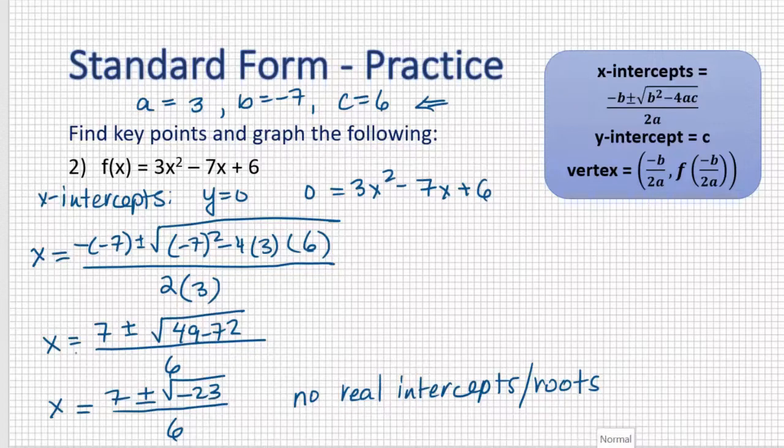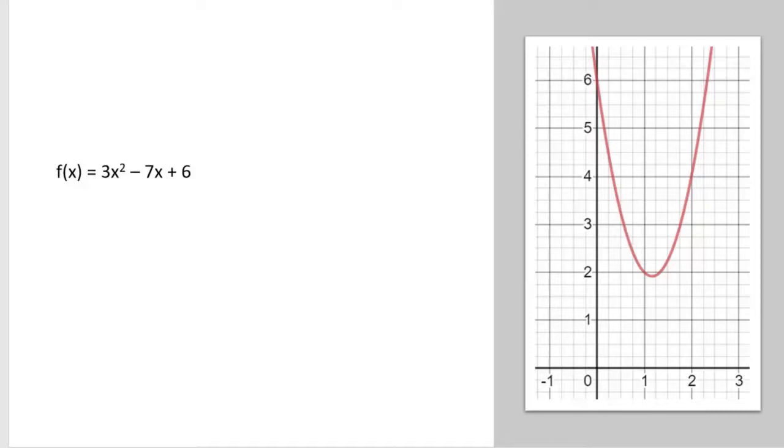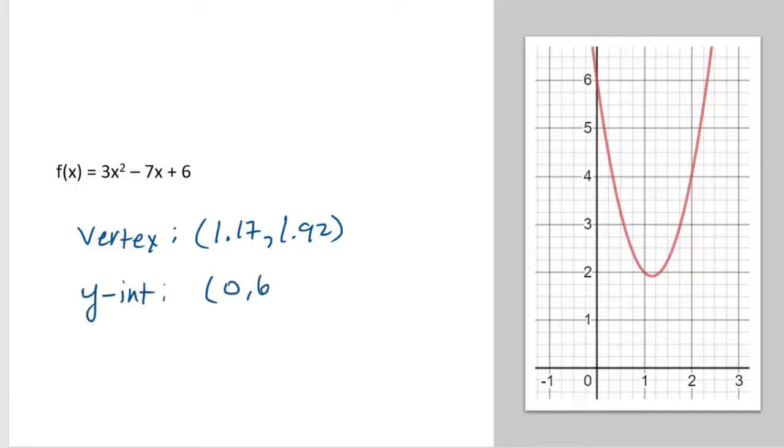Let's have a look at what that looks like in graphical form. To summarize, we found that the vertex had a value of approximately 1.17, 1.92. The y-intercept is the point 0, 6, and the x-intercepts, well, those were not real numbers.